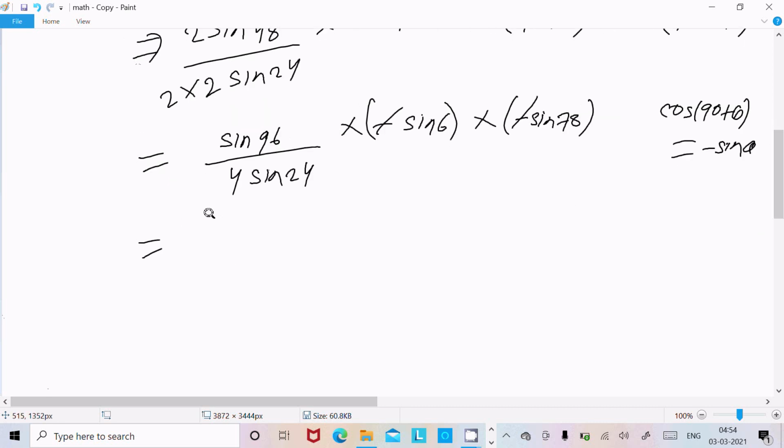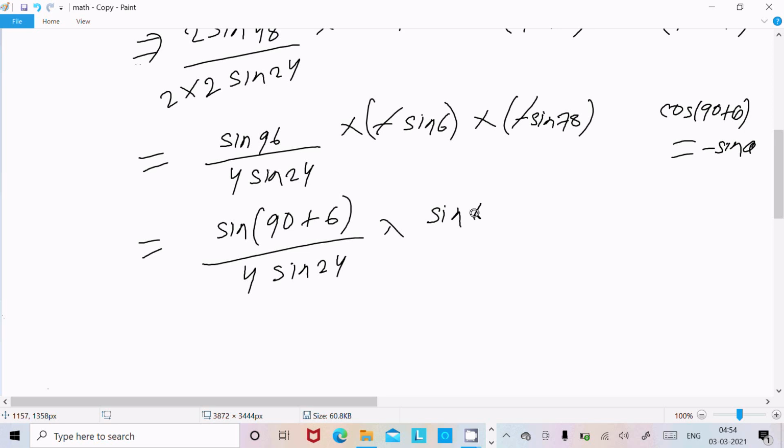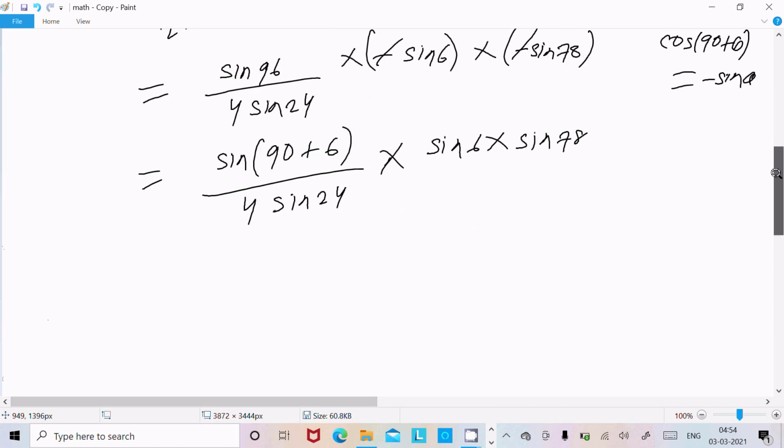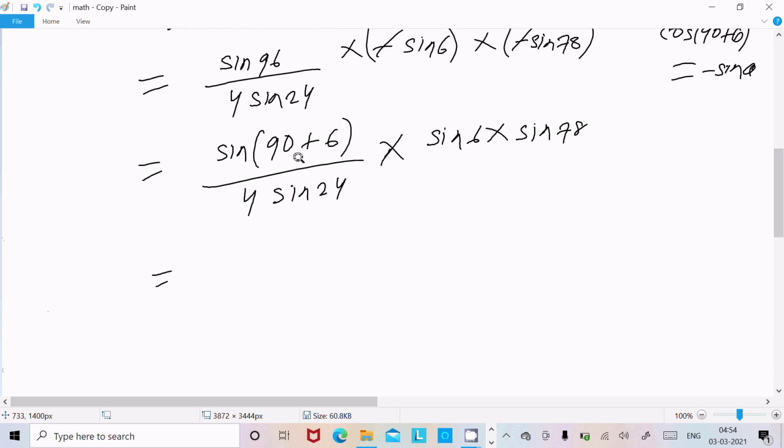Now here sin 96 we can write as sin(90 + 6), and below 4 sin 24. This is sin 6 and sin 78. Here we can write sin(90 + θ) as cos θ. So here cos 6 into sin 6, and sin 78 is sin(90 − 12), that becomes cos 12.